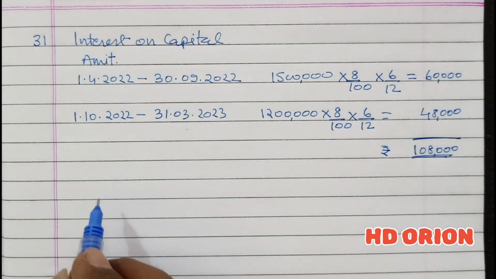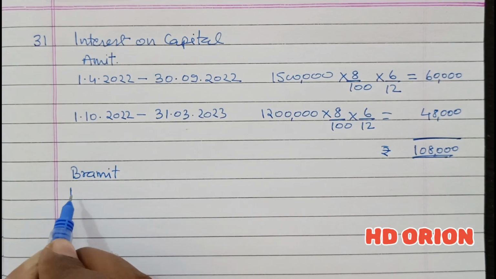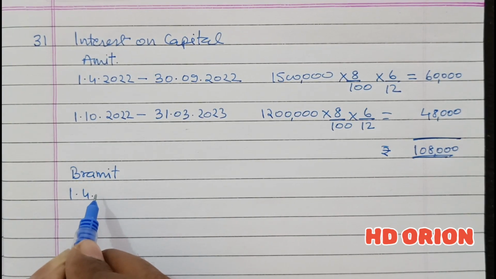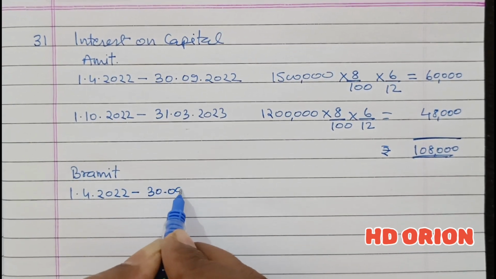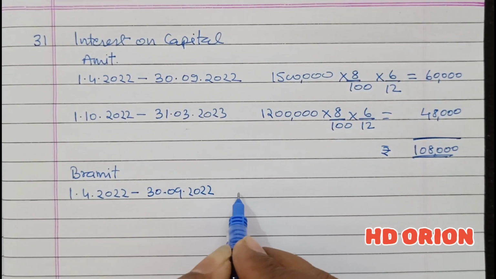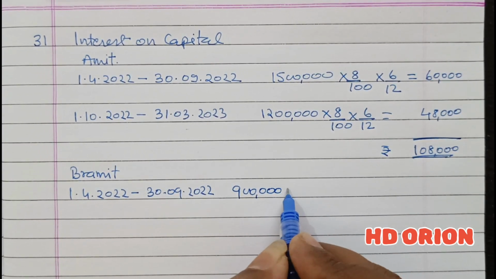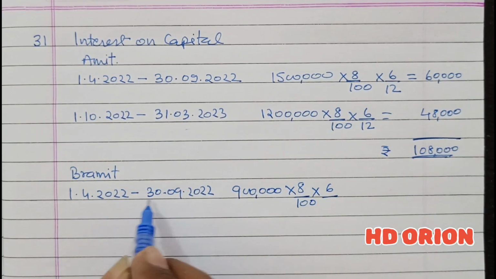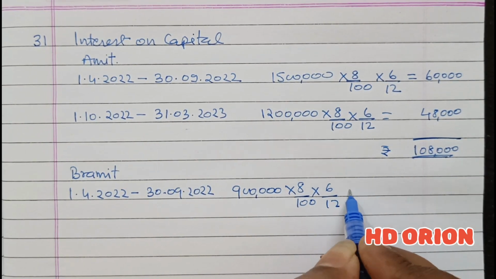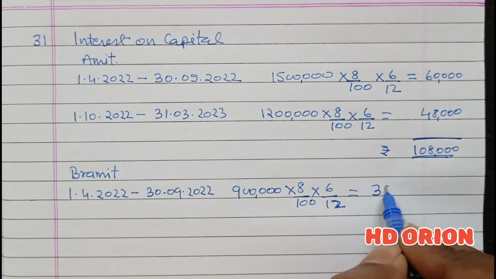Now the next partner is Bramit. Same way, from 1st April 2022 to 30th of September 2022, his capital is rupees 9 lakh. And on this 9 lakh at the rate of 8% per annum for 6 months, because this is 6 months period, interest for this 6 months is rupees 36,000.